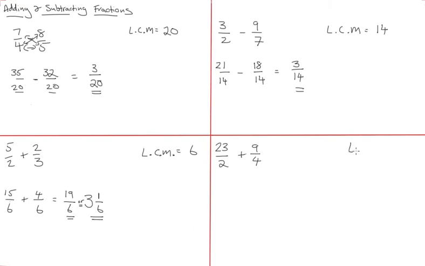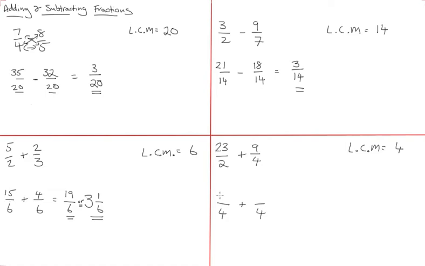Now, the lowest common multiplier here is 2 and 4. It's 4. Easy. Now, let's put this over 4, and then over 4. Now this is a little bit different. We'll see why. In order for this 2 to become a 4, it has to be multiplied by 2, doesn't it? That means that we multiply the top by 2.